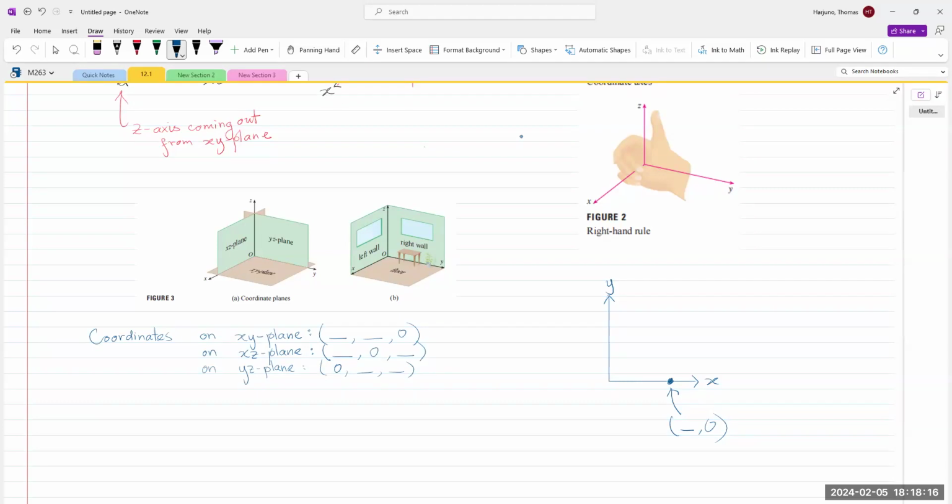If you have a coordinate on the y-axis, then the x component must be 0. Likewise here, if you have a coordinate on the xy plane, the z component is 0. I hope you can relate that now.